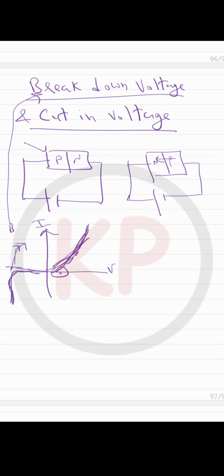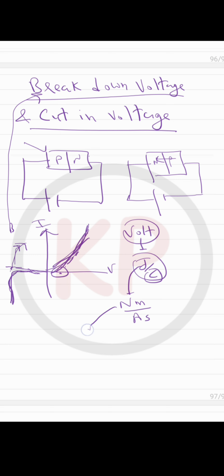As it is just a voltage, the unit of voltage is volt. We can also say it is joule per coulomb. Joule means newton meter per coulomb. Coulomb means ampere second. So the dimensional formula: newton means M1 L1 T^-2, meter means L1, ampere means A1, second means T1.